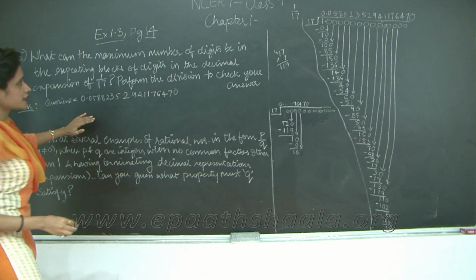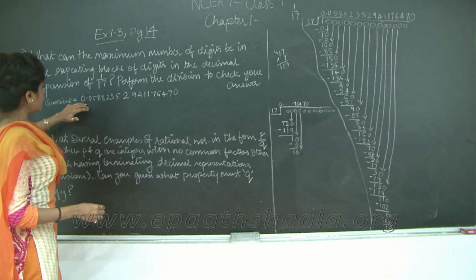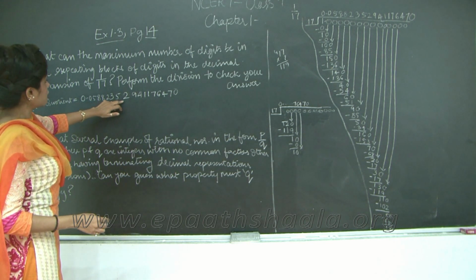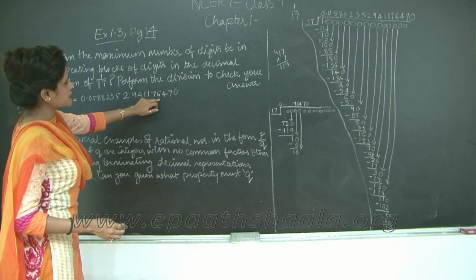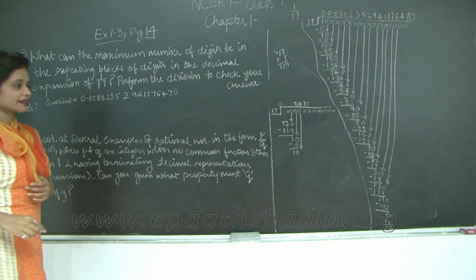Let me just confirm once again. It's a huge number, so it's just going to take me time to confirm. So here is my quotient when I divide 1 by 17, right?